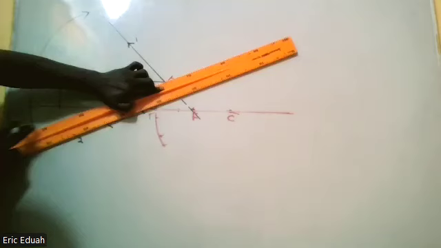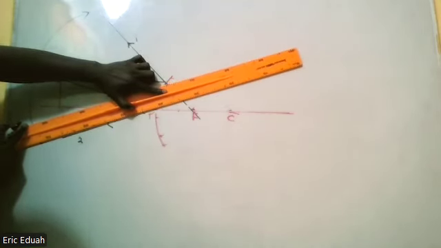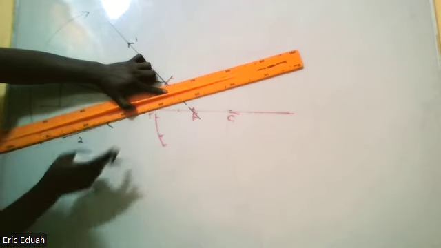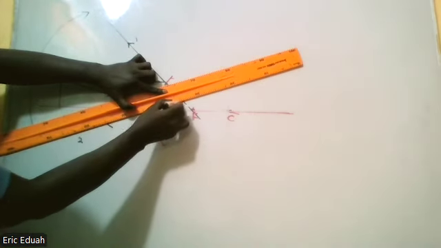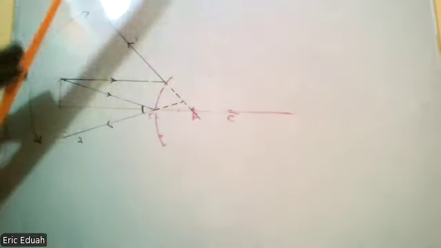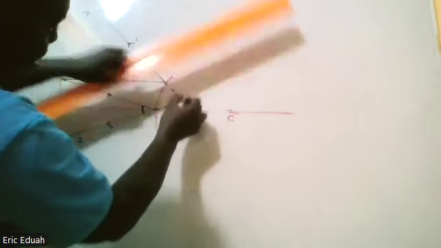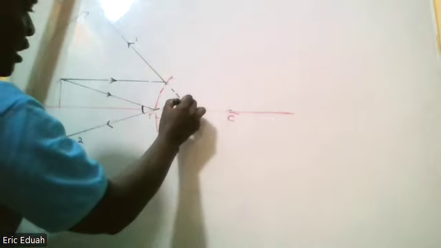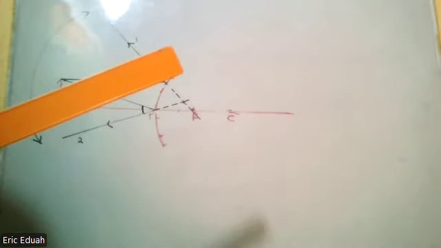And so you have to extend the two reflected rays. Where they appear to meet at the back of the mirror would be the position for the image. And the two rays appear to meet at this point. And that is the position where the image will be formed.